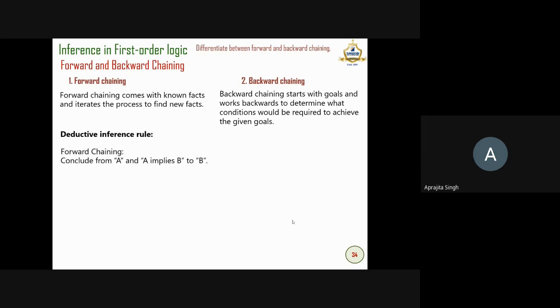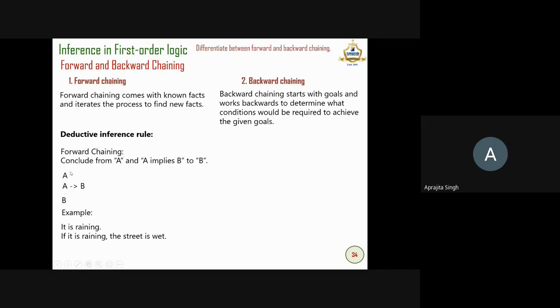So you use something like deductive inference rules here, in forward chaining. Suppose A is the fact and A implies B is there, then conclude from A and A implies B to B. So the example here: it is raining. A is what?